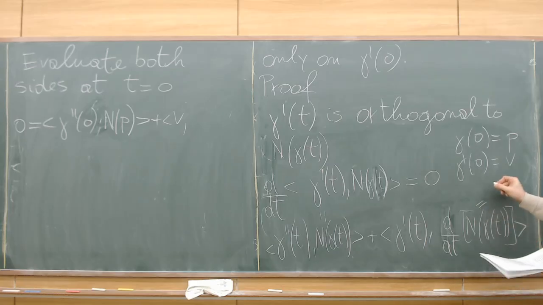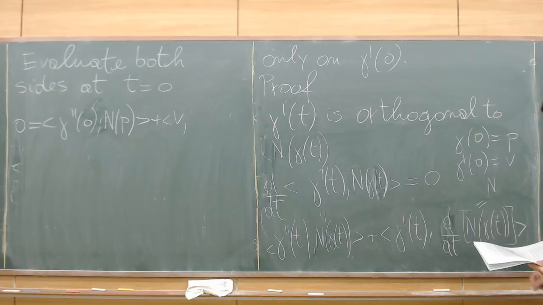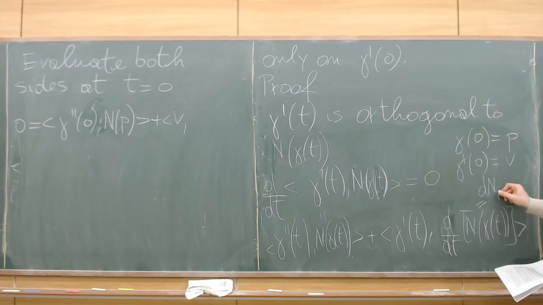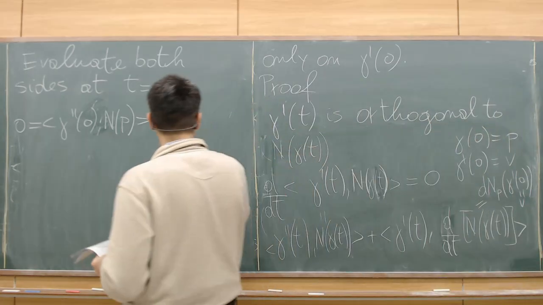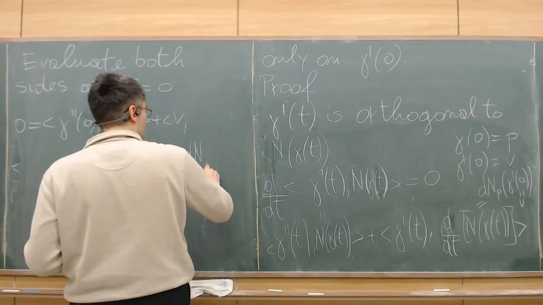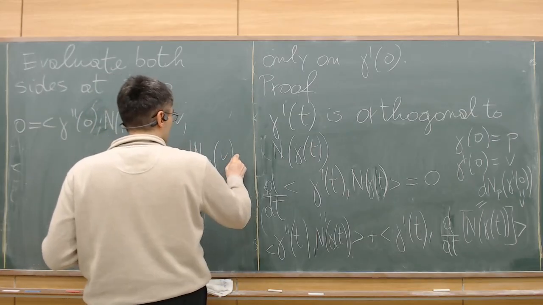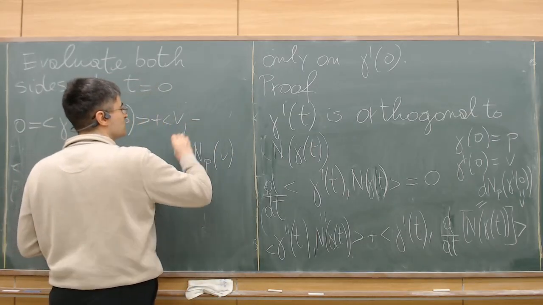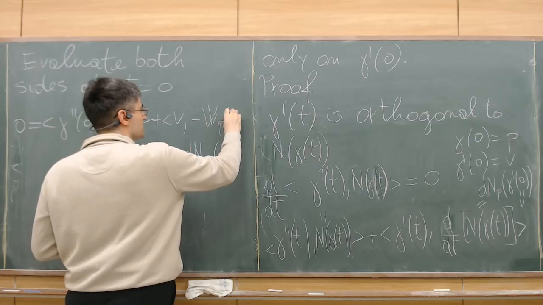So you get dn evaluated at t equals 0 gives you dn at p gamma prime 0, which is v, but dnp evaluated at v is nothing but then minus wp at v.